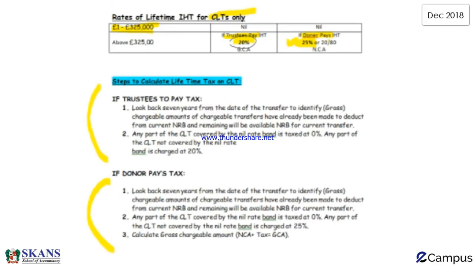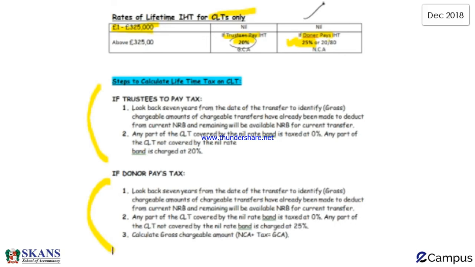Most of the time it's mentioned in the paper whether the trustees or the donor will be paying the tax, and candidates know which rate is applicable. But if the examiner is silent on who is going to pay the lifetime tax on CLTs, make sure always the donor will, and the applicable rate will be 25%.